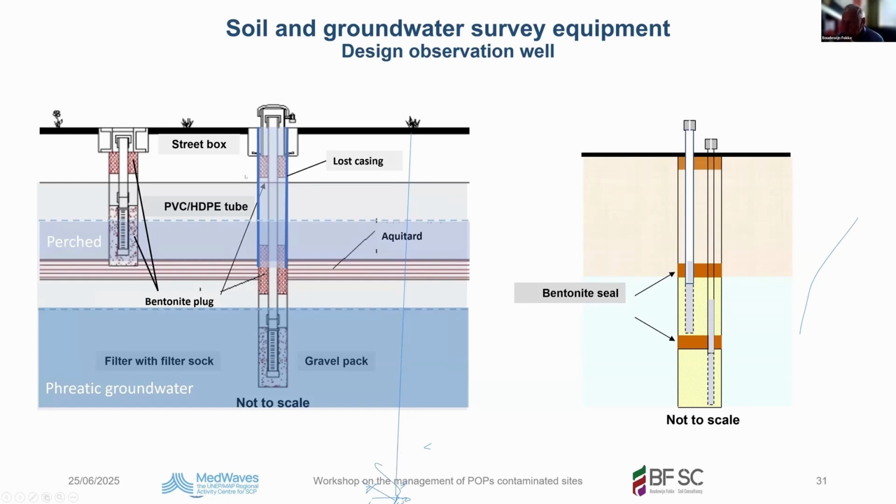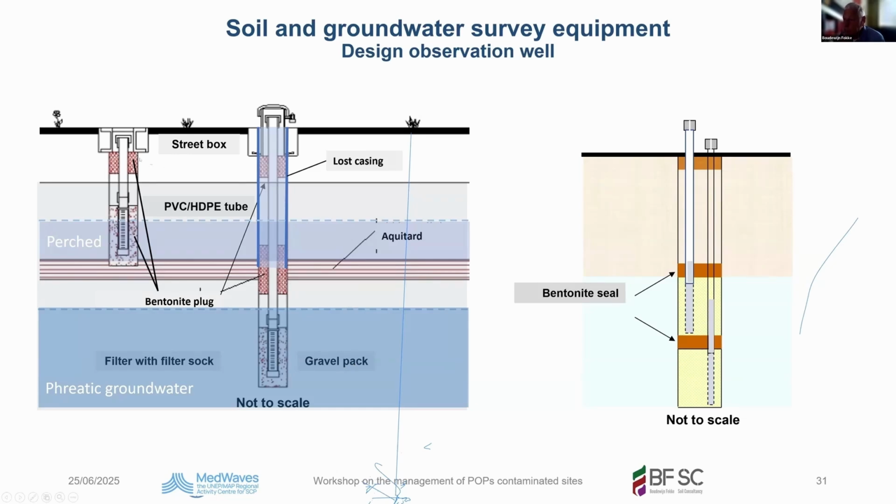And if you want to get the groundwater of the aquifer below, you pass this part and install a bentonite stop to prevent the top water from entering, so you're sure you take the water from this aquifer.